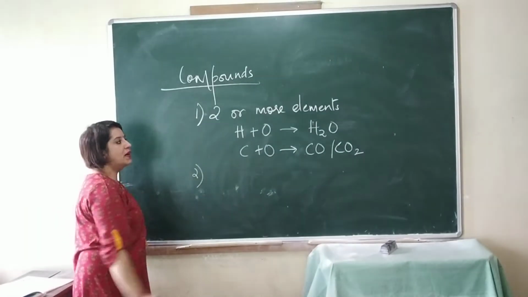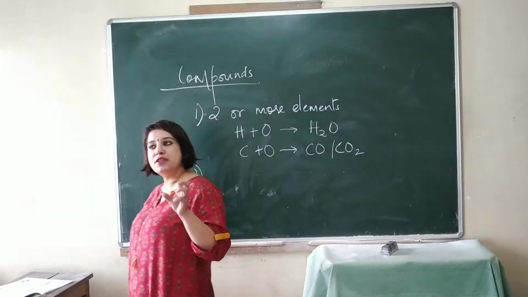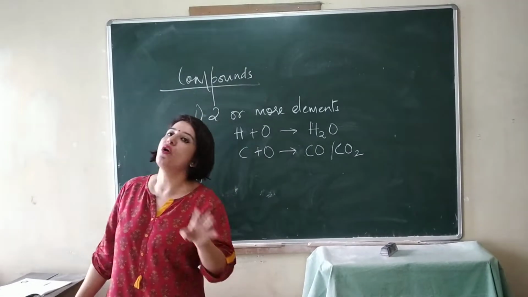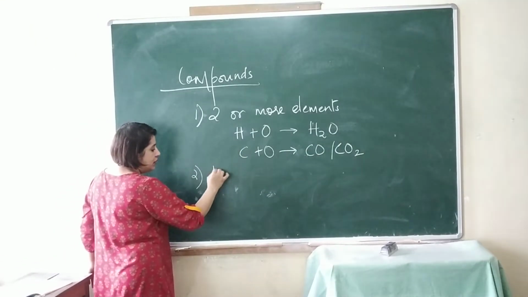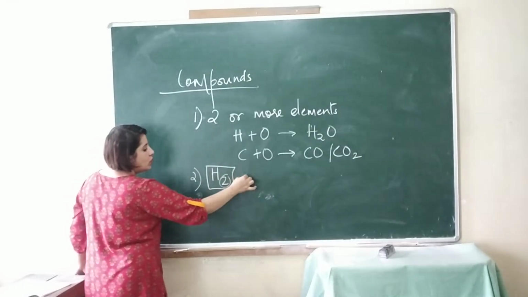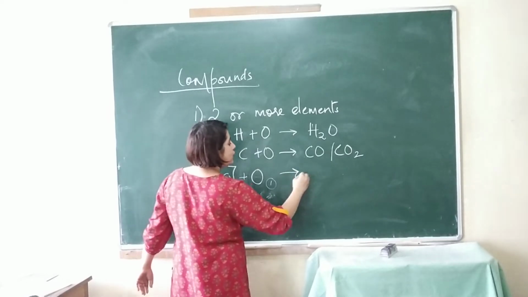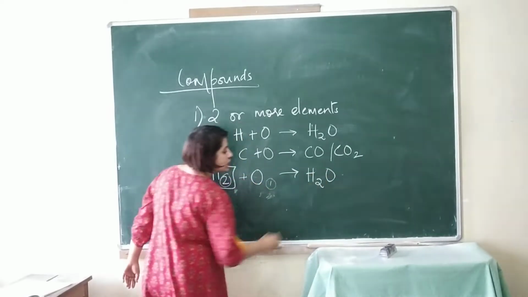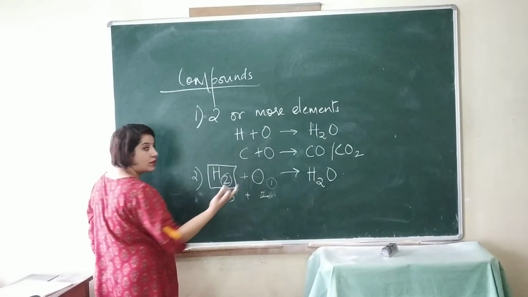Next, in a compound, you will find that the number of atoms of elements is always fixed. That means, for example, always two atoms of hydrogen will combine with one atom of oxygen to give you water. We cannot take three atoms of hydrogen and two atoms of oxygen here.